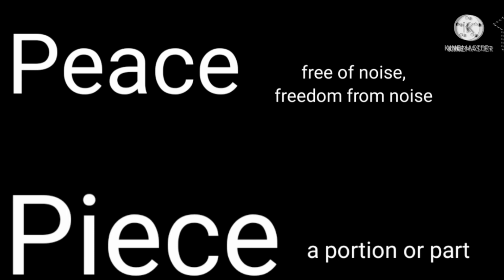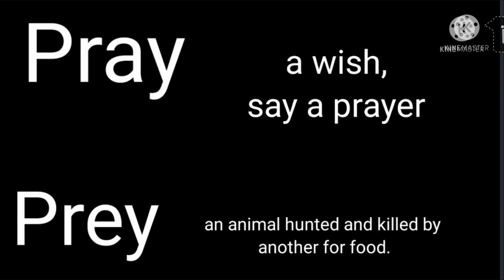Okay, let's move to our next word, pray. P-R-A-Y and P-R-E-Y. I pray to God for your good health. And I say, the tiger pounced on its prey. So pray, P-R-A-Y, means when we pray to God, when we remember our God. Or sometimes when you wish for someone, you say, I pray for you, I will pray for you.